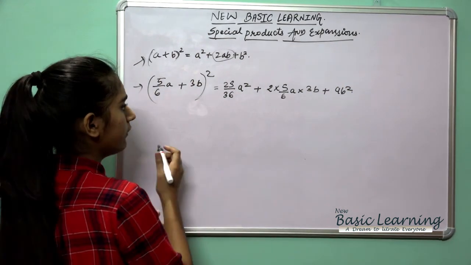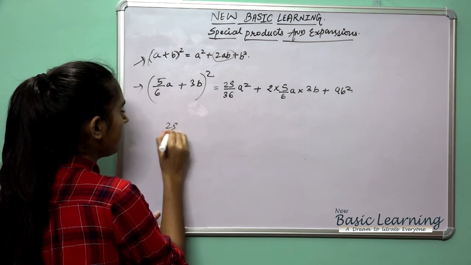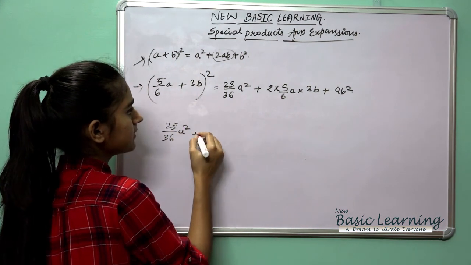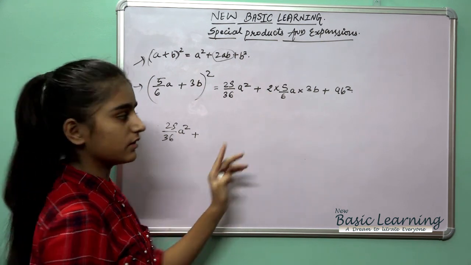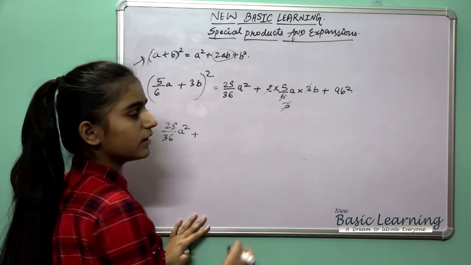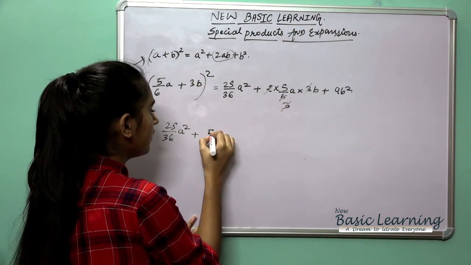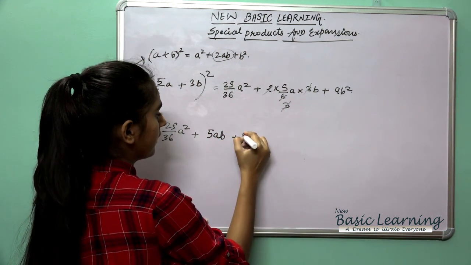Okay. Now we will calculate further, that is 25 upon 36 a square plus, now you can divide, 2 3s are 6 and 3 is cancelled by 3. So here we are left with 5ab plus 9b square.